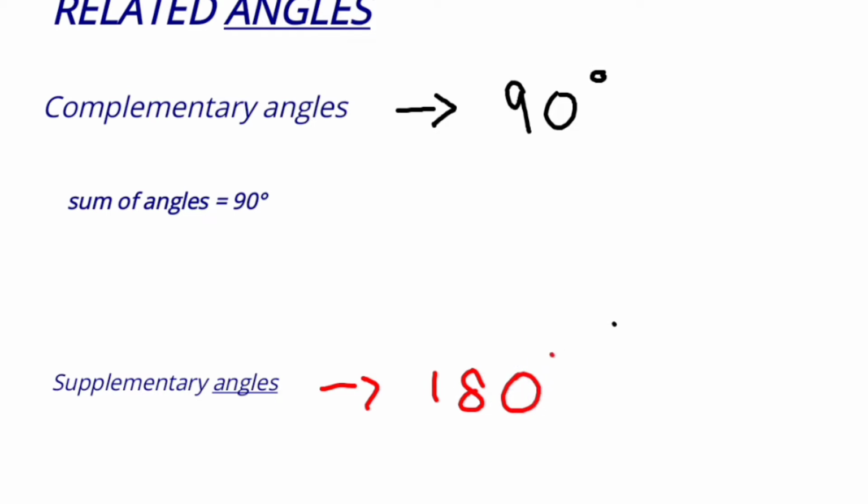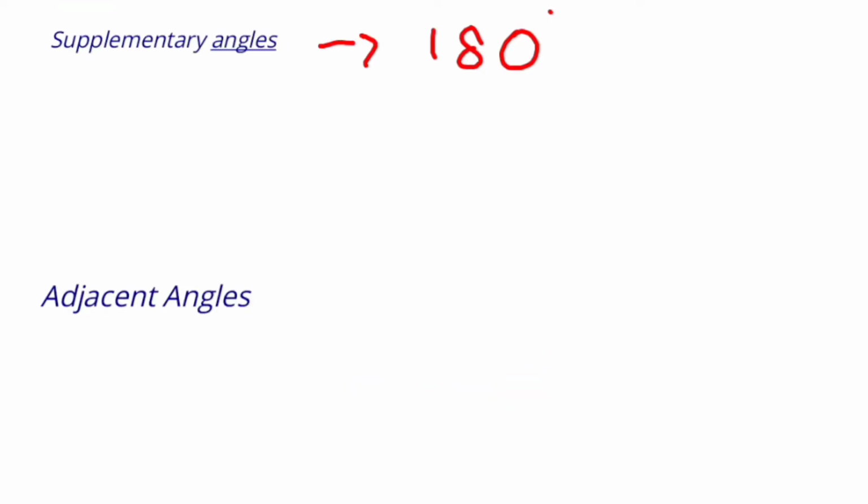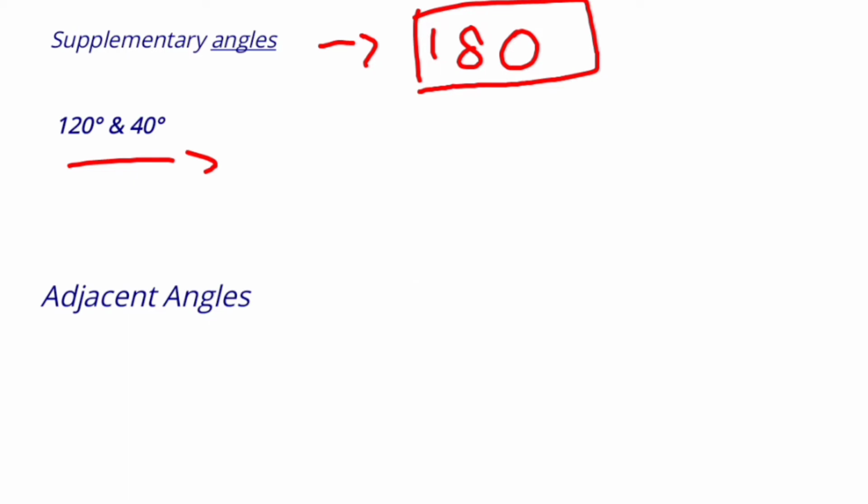So suppose your question is to check whether the given pair is supplementary or not. I told you that supplementary angles are those whose sum is 180 degrees. Now let's check whether these given angles form a pair of supplementary angles.